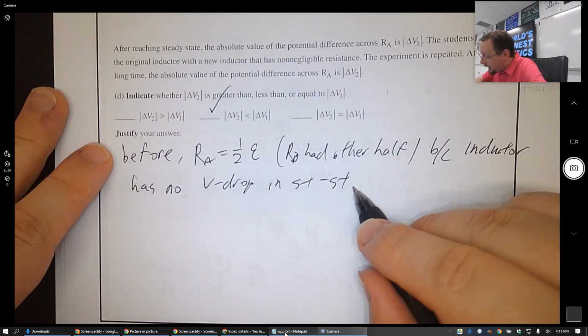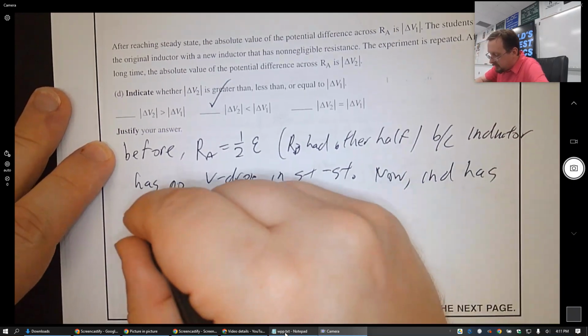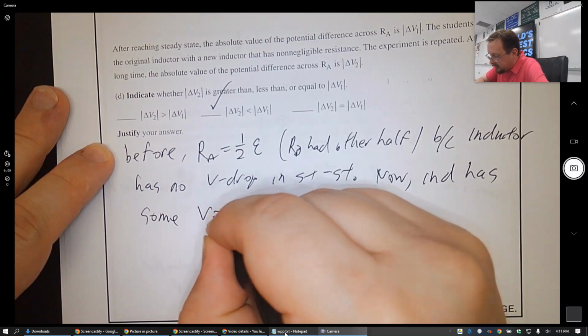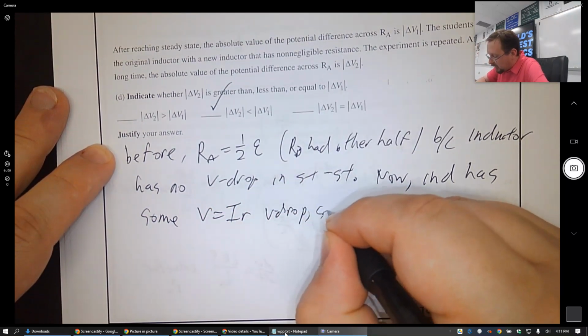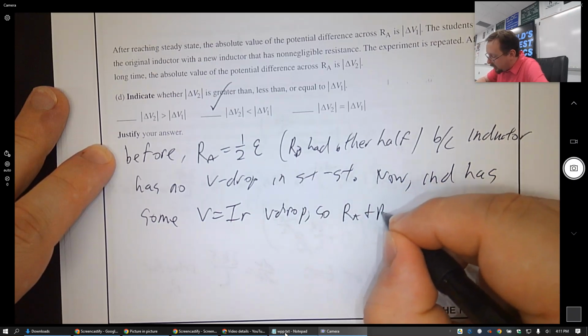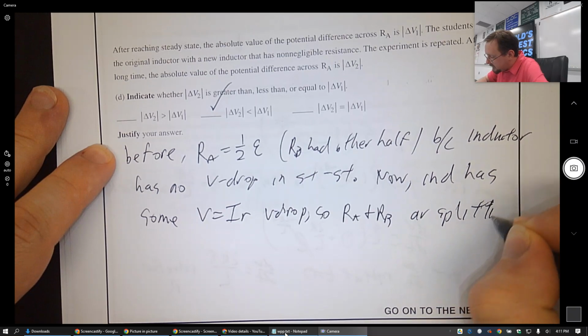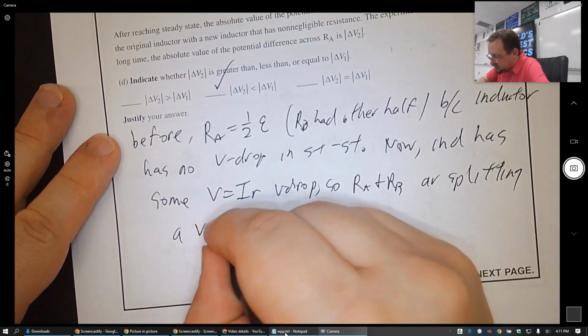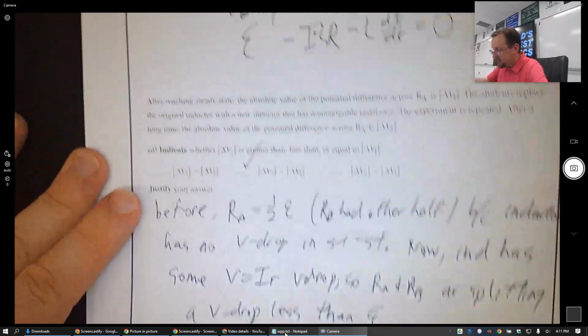Now the inductor has some V equals IR voltage drop. So RA and RB are splitting a voltage drop less than the EMF. So it's going to be less.